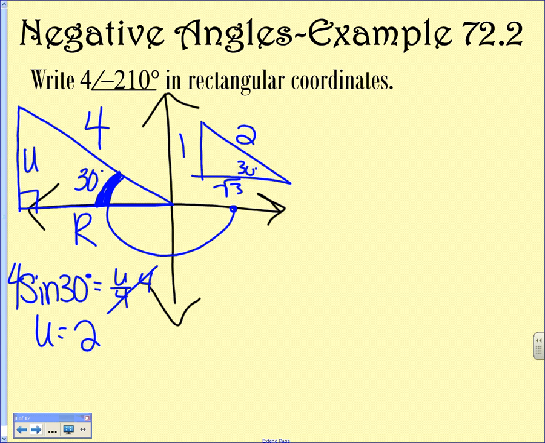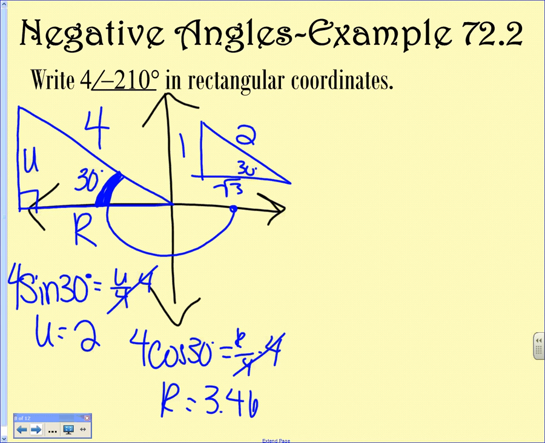We can prove that with our cosine. Cosine of 30 equals R over 4. No, we already learned it. And 2 square roots of 3 is 3.46. We'll get there. I'm not there yet.